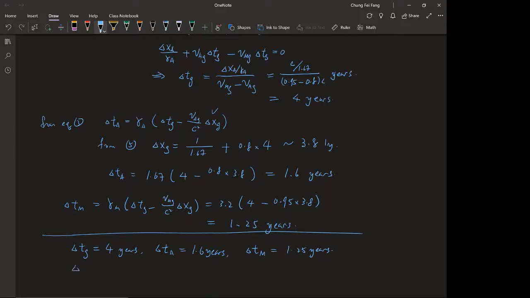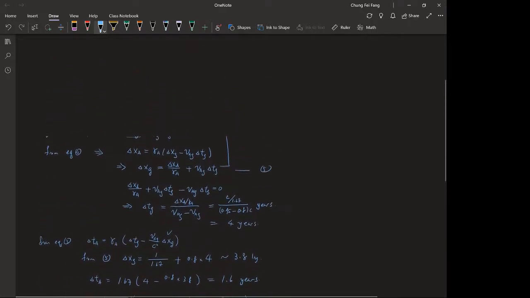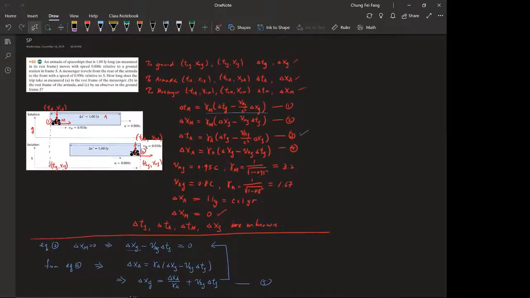If you measure the distance in the ground station it is equal to 3.8 light years. If you measure in Amanda, this is 1 light year, and if you measure in the messenger, delta Xm should be equal to 0. So that is how you use the Lorentz transformation to solve this question. Next time we will use another way to solve this question again.